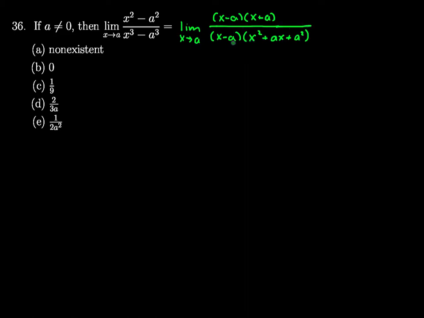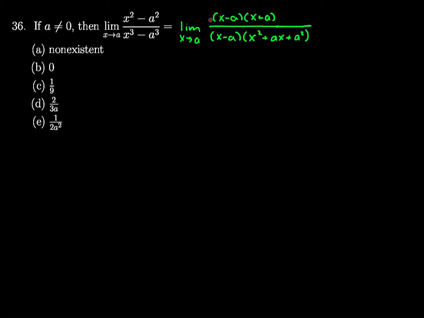If you don't believe me, multiply this back through: x cubed, ax squared, a squared x, negative ax squared, so that cancels out one of the things that we got, negative a squared x, that cancels out another one, minus a cubed, you've got it. Now I can see that I have an x minus a in the numerator, an x minus a in the denominator.